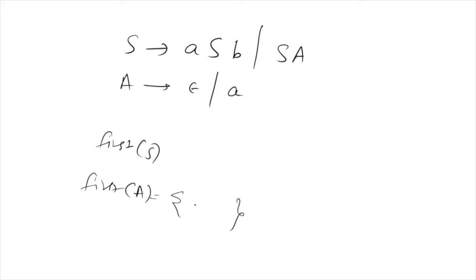That is easy: epsilon comma A. When you are finding first of any symbol, just go here and look at what is the first of these things. First of epsilon is epsilon and first of A is A. This is your first of A.